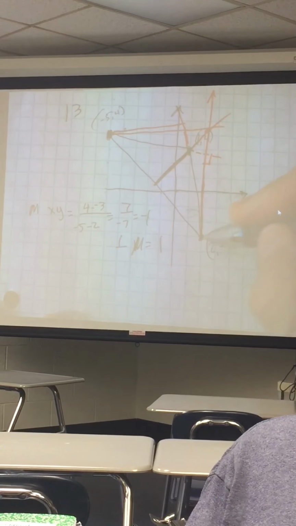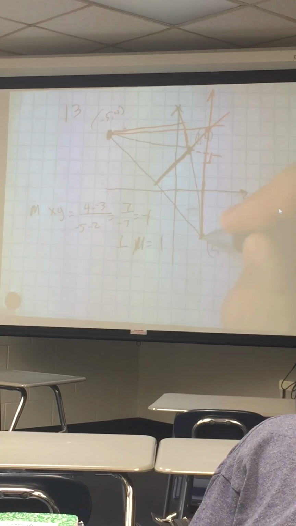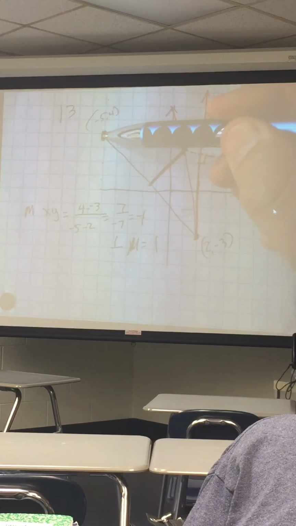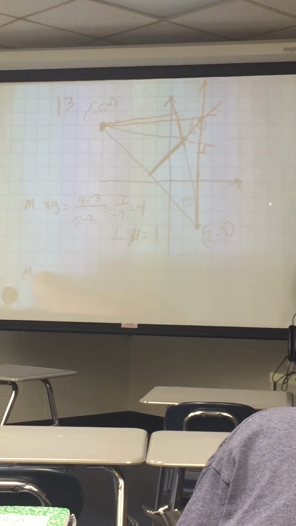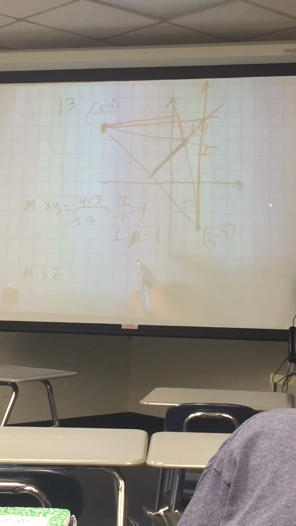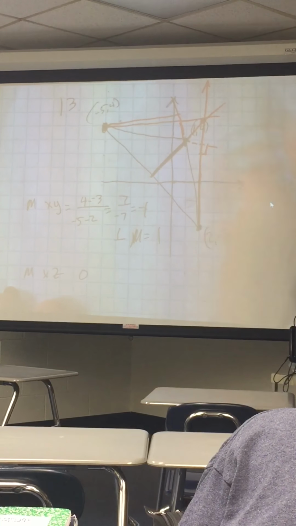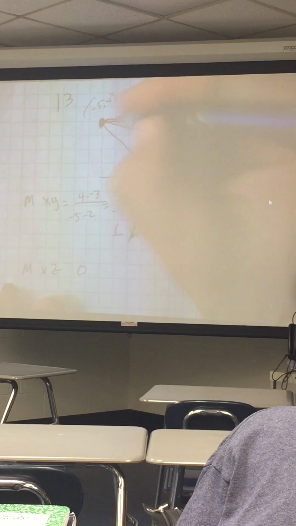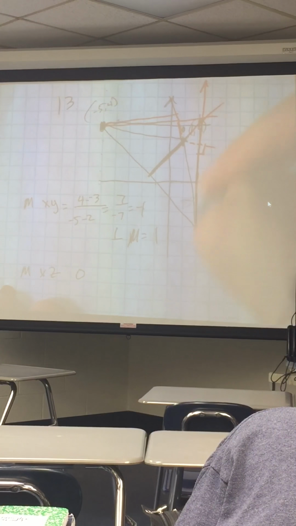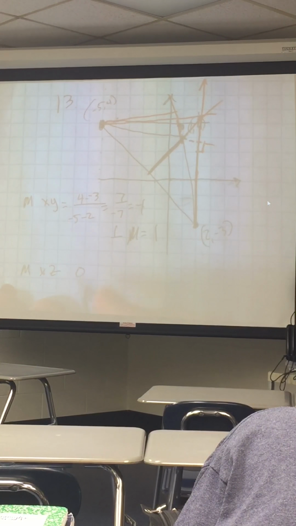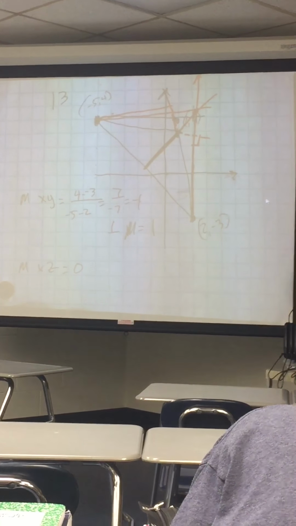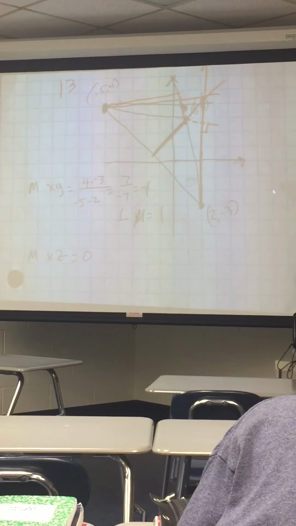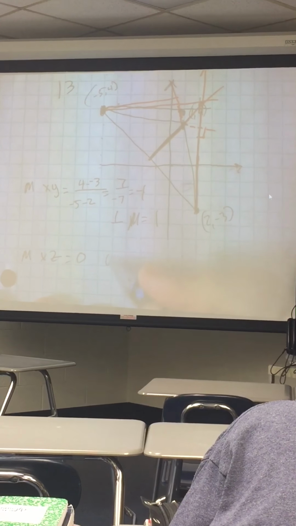Okay, so now let's find the slope of XZ. Slope of XZ is going to be 0 because it's going to be a horizontal line. Oh, this had to be up here. So slope is 0. And so the perpendicular slope is undefined, or a vertical line.